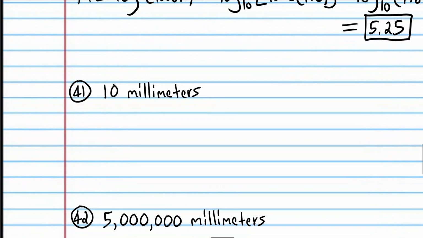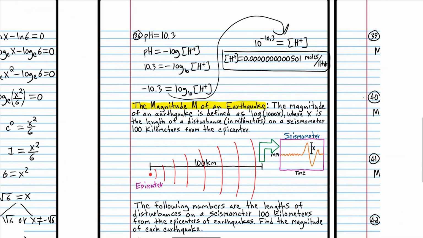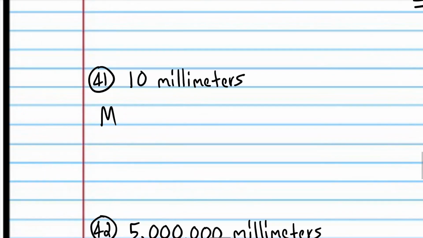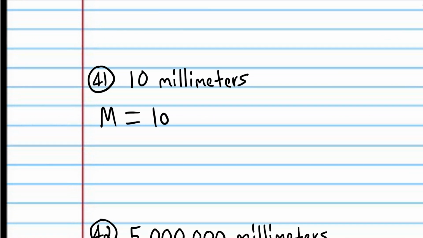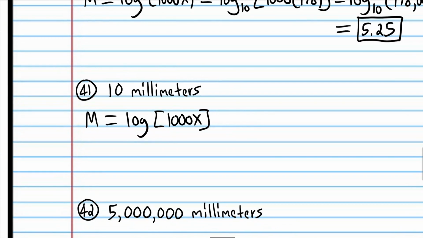Okay, we're back. So the magnitude is defined as log base 10 of 1,000 times the length of the disturbance on a seismometer. And we don't really need brackets until the next part of the problem.